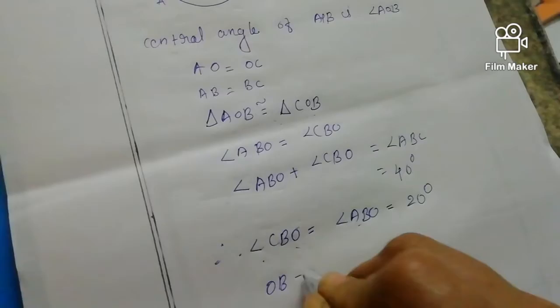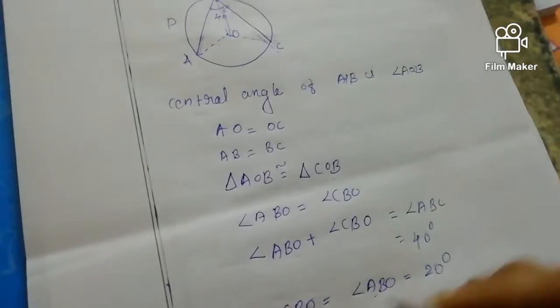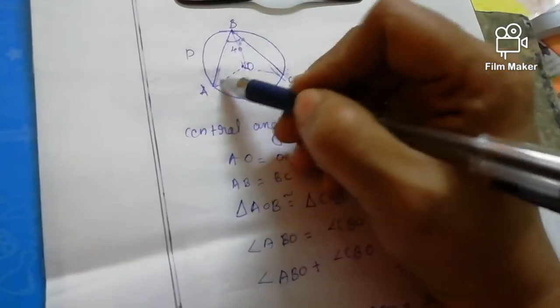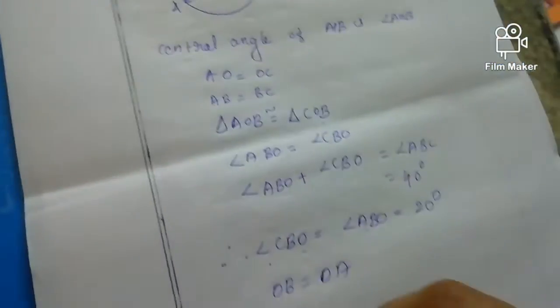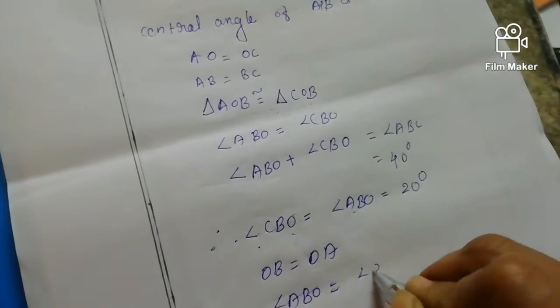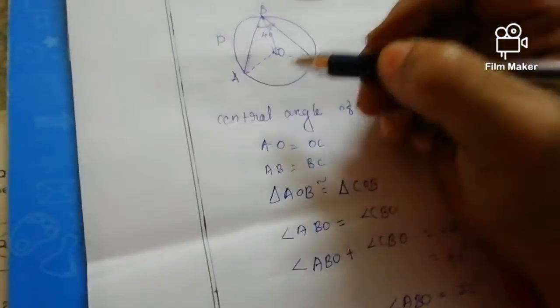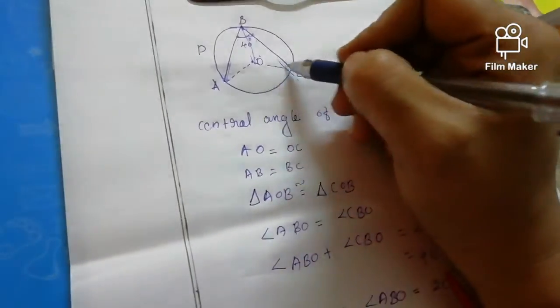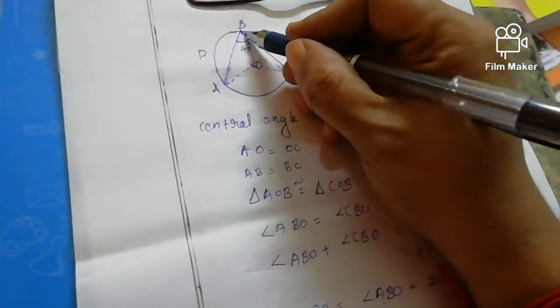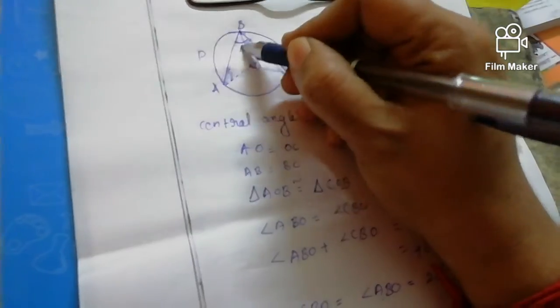We know that OB is equal to OA because these are radii. And angle ABO is equal to angle OAB. These two angles are equal.